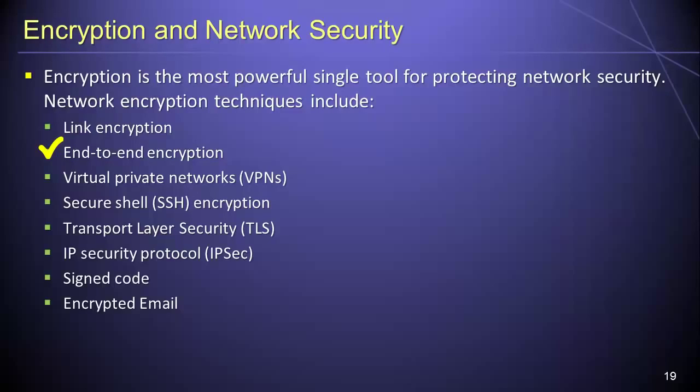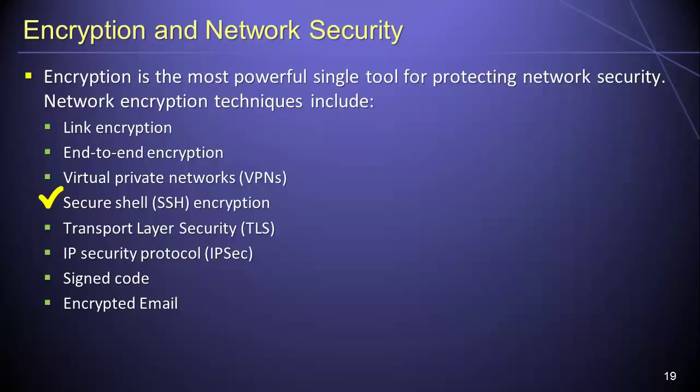This ensures that data remain protected even if they must travel through several intermediary hosts before reaching their final destination. In a virtual private network, or VPN, communications between a network and a remote host, that is, a host that is located outside of the firewall, are encrypted, thus establishing virtual link encryption between the host and the network. Further, system administrators and other advanced users might rely upon secure shell, or SSH, encryption to provide an encrypted and authenticated path between a remote host and the system shell, or operating system command interpreter.